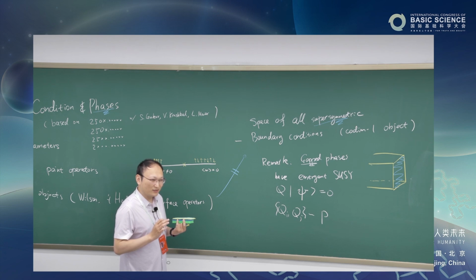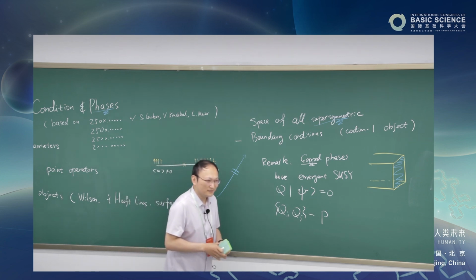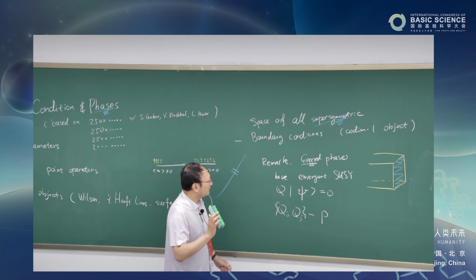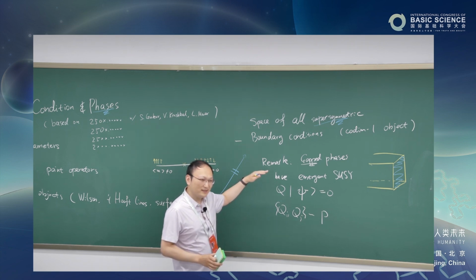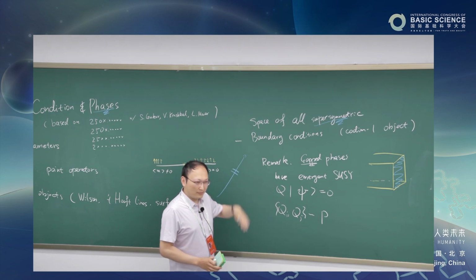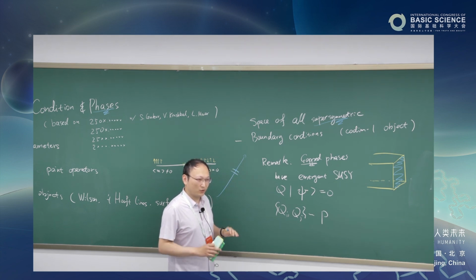Does that answer the question, or? No, it's the opposite. So if it's gapped, then at low energy, you forget about all the massive states. The ground state is supersymmetric in a boring way.